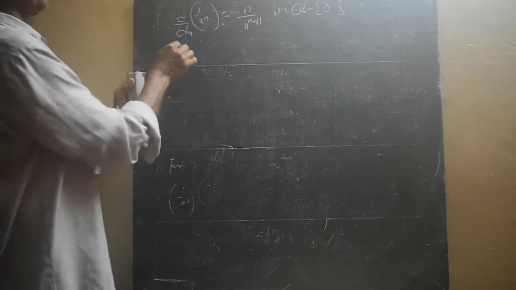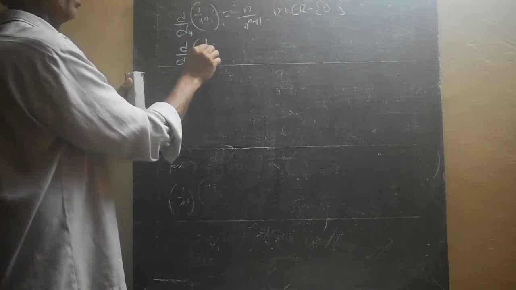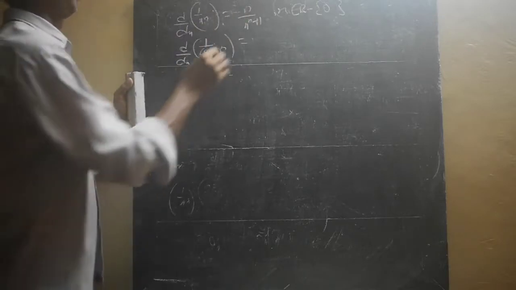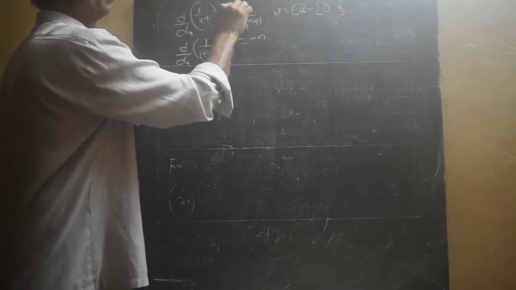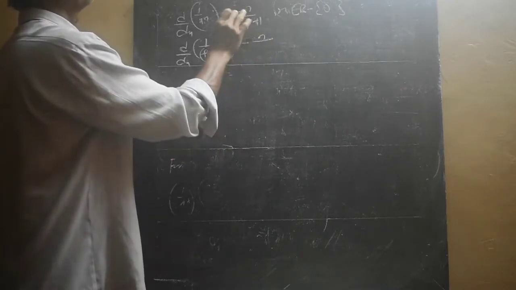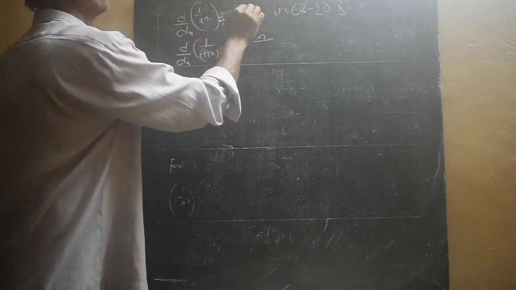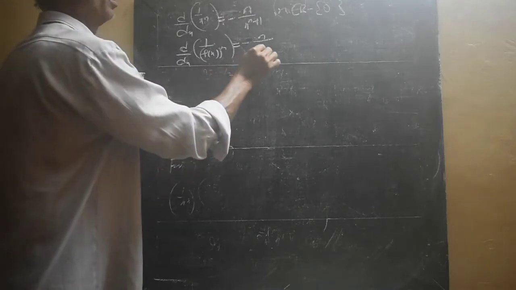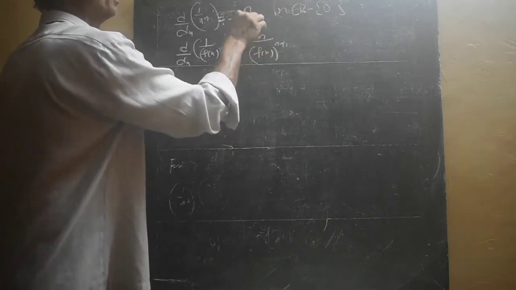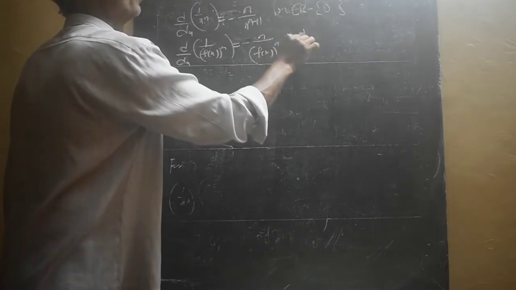For a composite function, that is d by dx of 1 upon any function of x raised to n, it is minus n upon f of x raised to n plus 1, into d by dx of f of x.